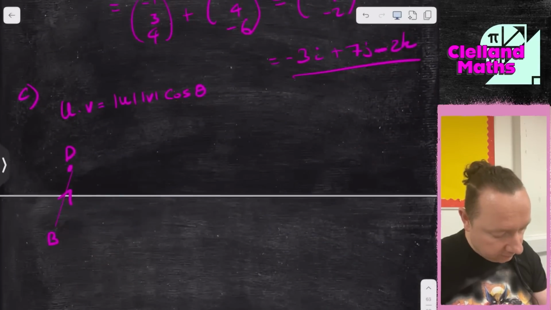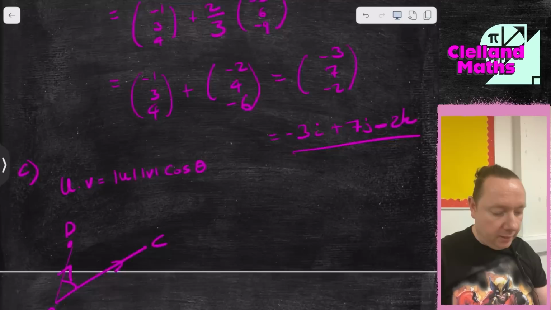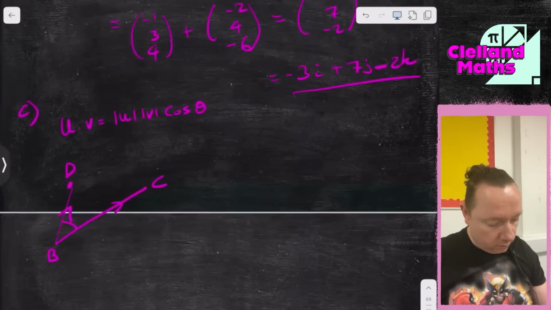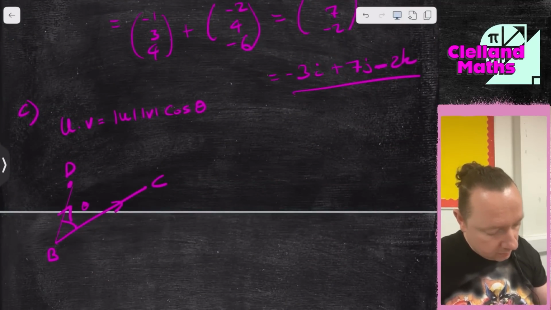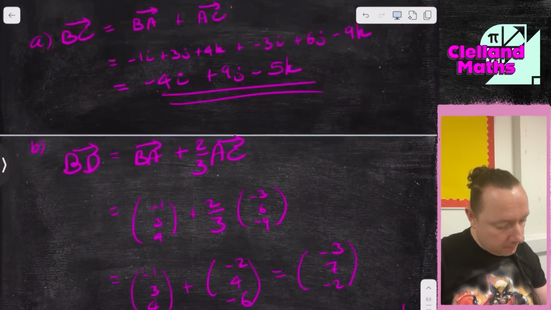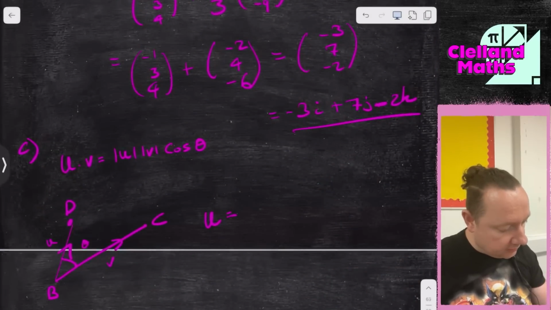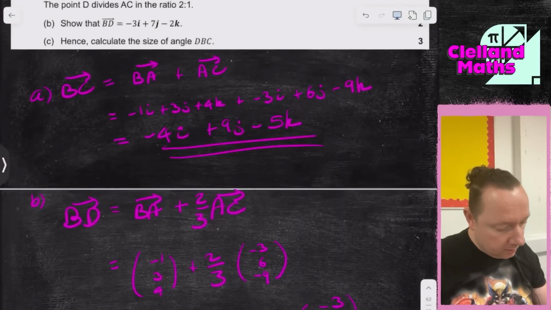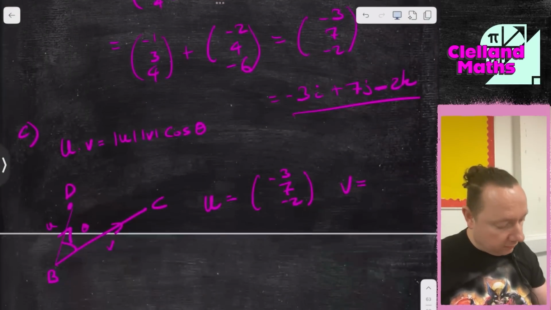Yes, we've got B to C. And it wants this angle here in between, angle DBC. So that's what we're looking for. So let's call that my U and that my V. So our U is our BD. So B to D is -3, 7, -2. And our V is our BC, which is -4, 9, -5.